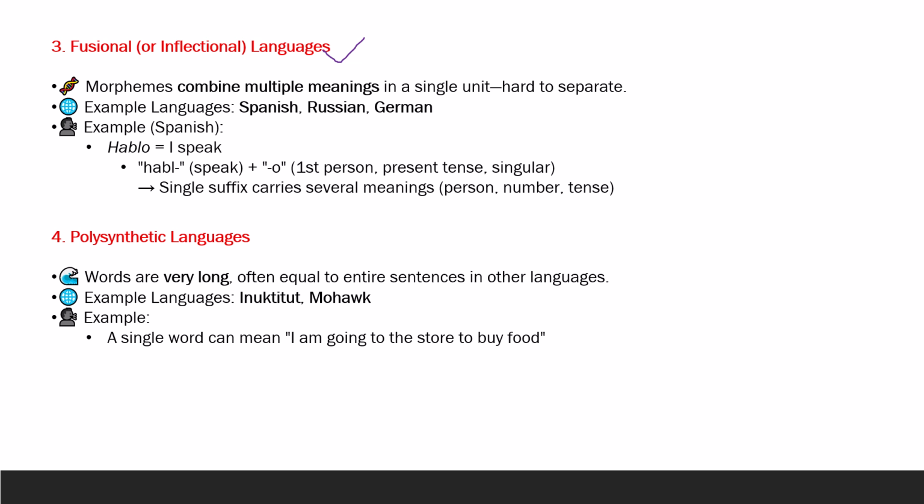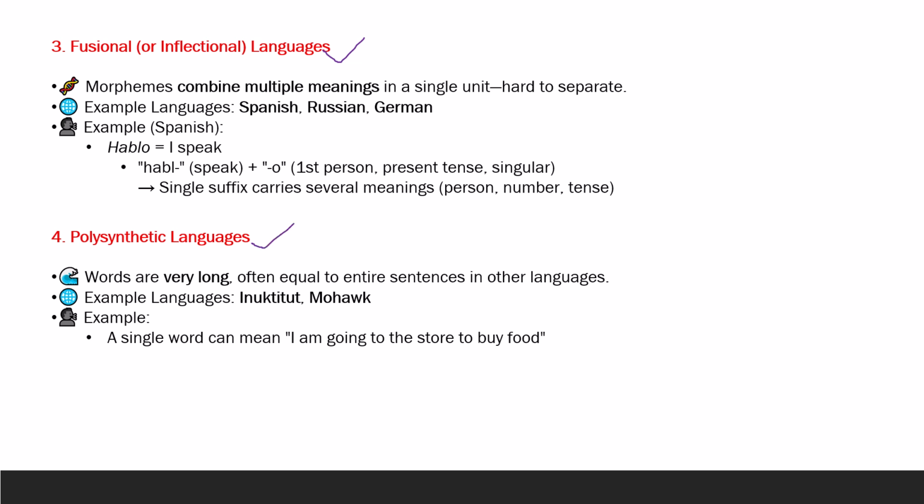Fusional languages like Spanish or Russian combine several meanings into a single morpheme. For instance, "hablo" means I speak, where the "o" represents first person, singular, and present tense all at once. This is called inflection or fusional languages.